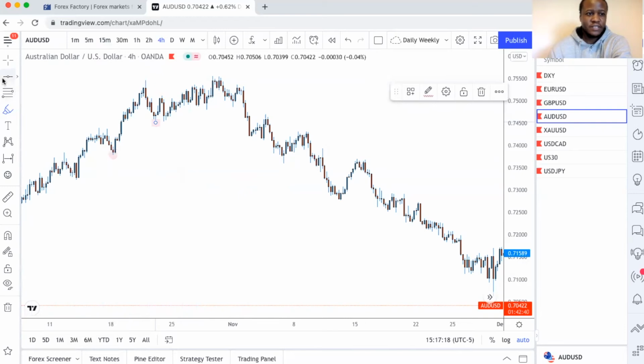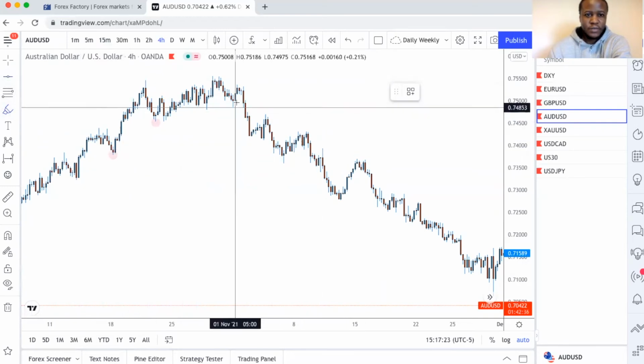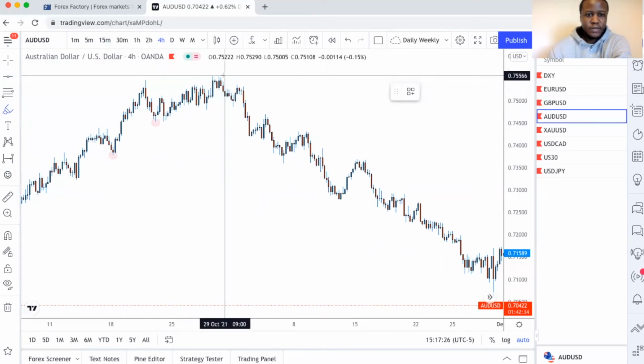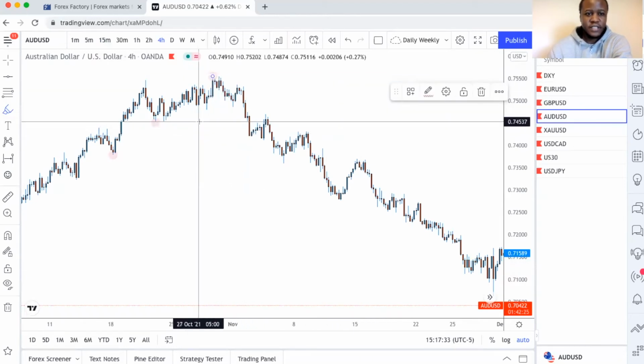Does that make sense? So this would be the new swing high right here. Once this swing low is taken out, you gotta shift your market structure.